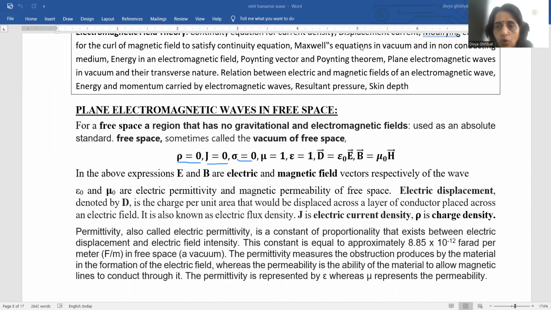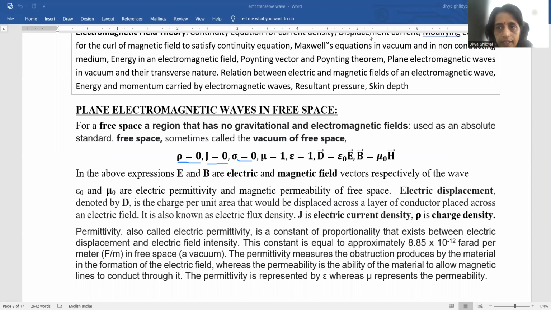Electromagnetic means no field due to electric current and no field due to magnetic effects or any magnet nearby, used as an absolute standard of free space. You can also call it vacuum or free space.